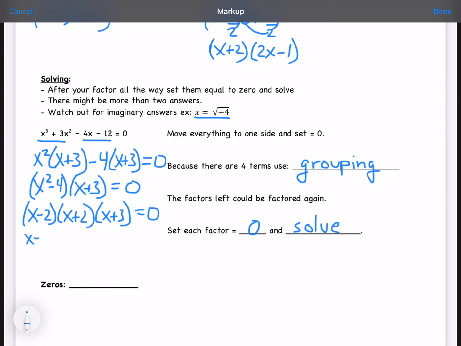So x minus 2 equals 0, so x equals 2. x plus 2 equals 0, x equals minus 2. x plus 3 equals 0, x equals minus 3. So our zeros would be negative 3, negative 2, and 2.